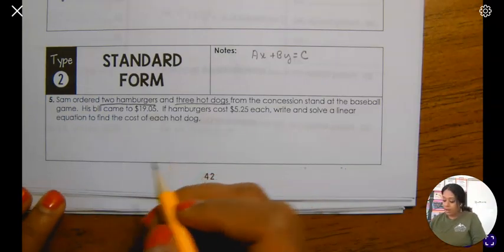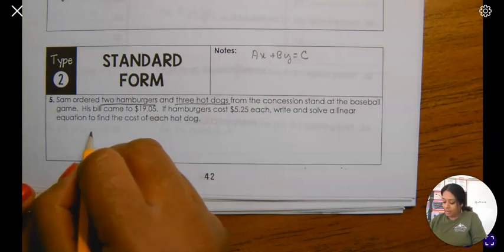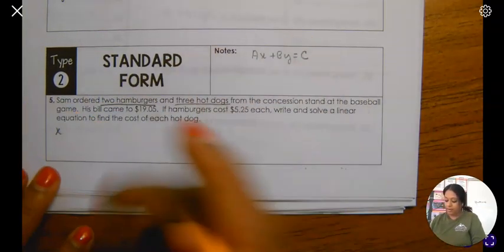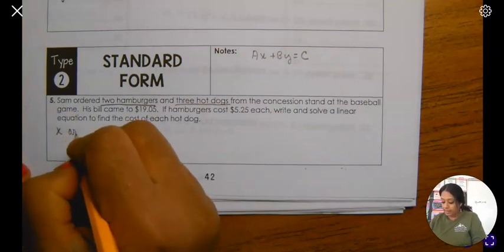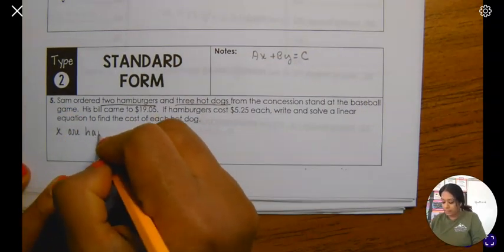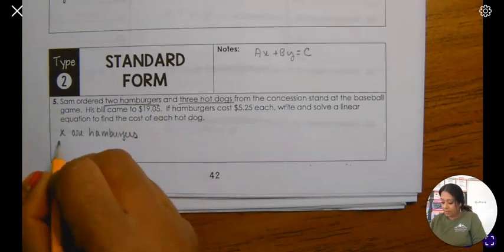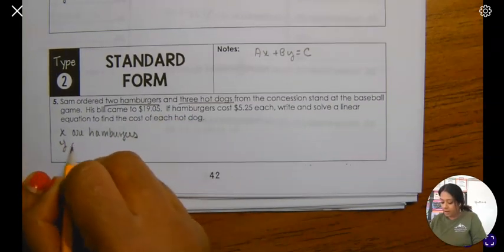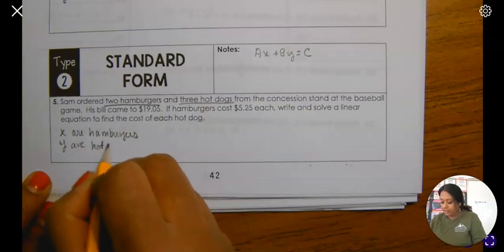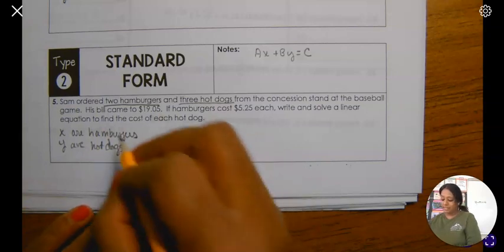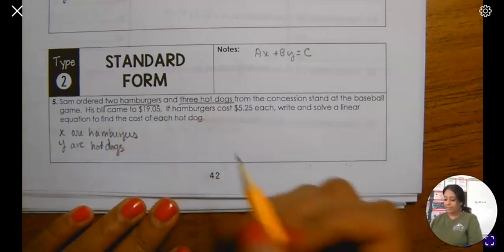Okay, so we're going to go ahead and say that X are hamburgers. Okay, and then Y, we can call them our hot dogs. I'm not going to always write all of this, but just since it's the first problem, I'm writing it out.